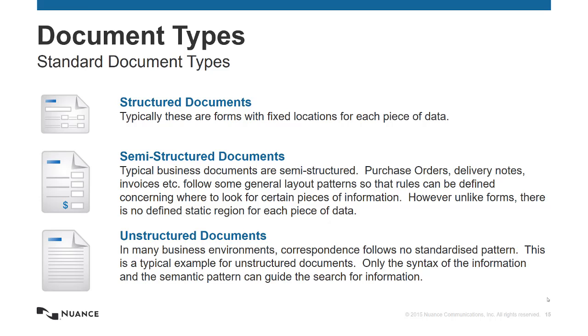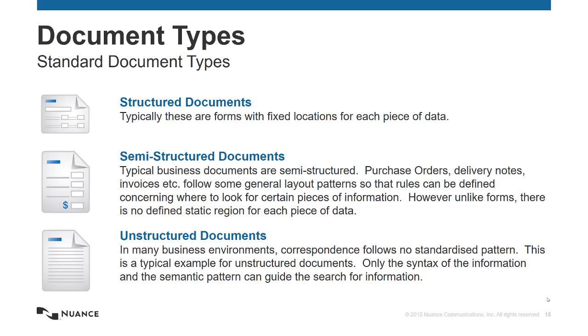They all have an invoice date, have an invoice number so that you can reference it, and have information about what you actually owe, maybe the total amount and the currency that it comes in. So using those standard rules, we can define systems to identify where that information is on the semi-structured document and extract the relevant information.